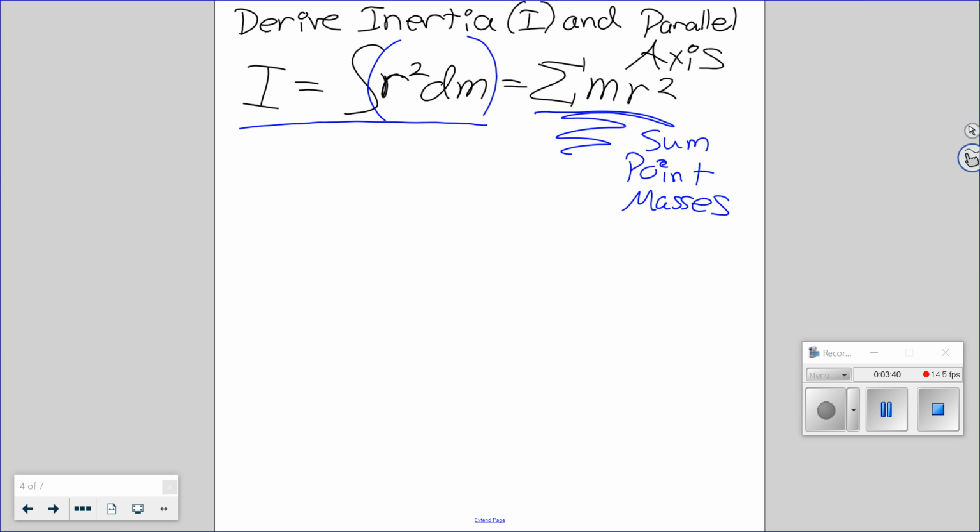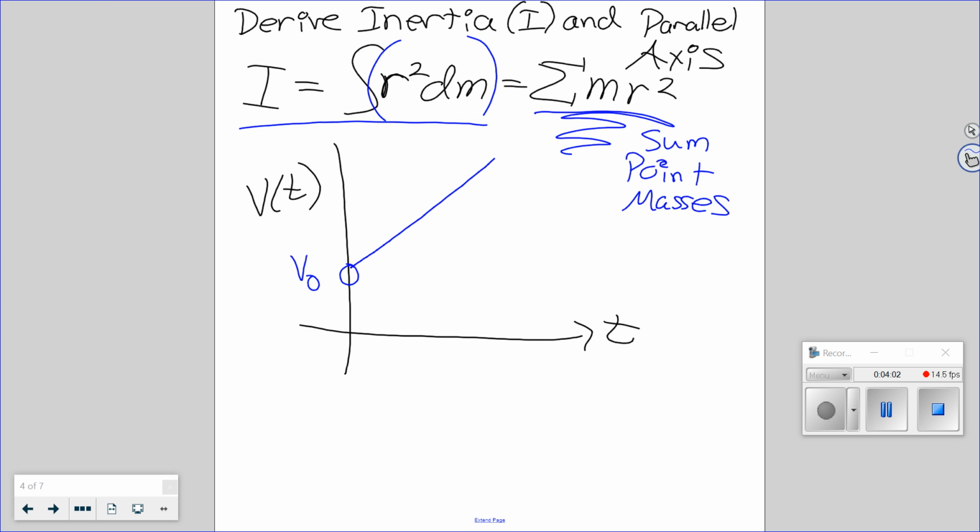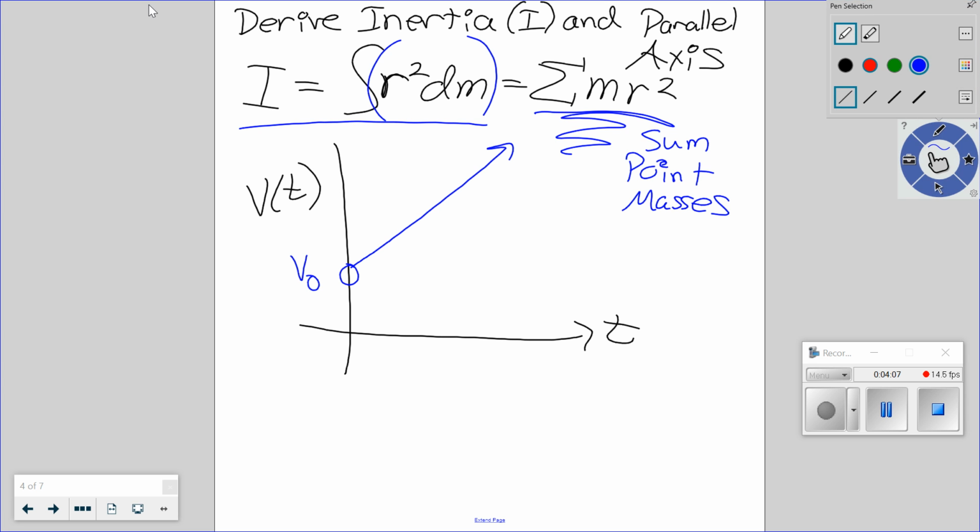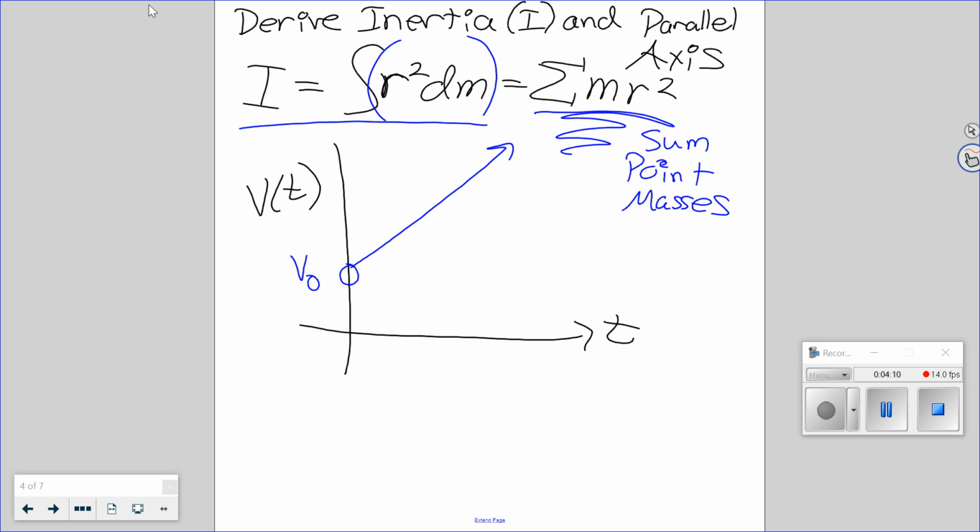From calculus class, you have had some functions. We'll make it a function of time, and we'll call it v. At t0, we'll start at some point v0, and it will increase in a straight line. And we're going to pick two points, let's call them t1 and t2.